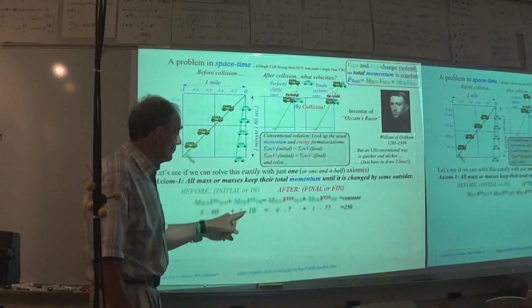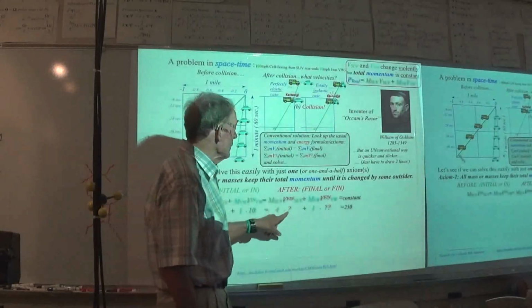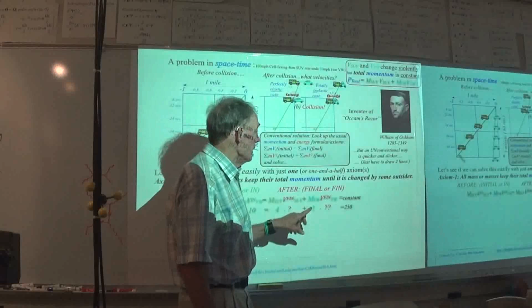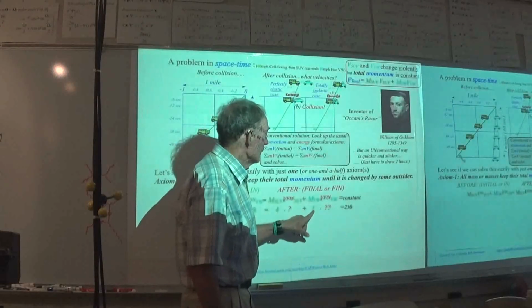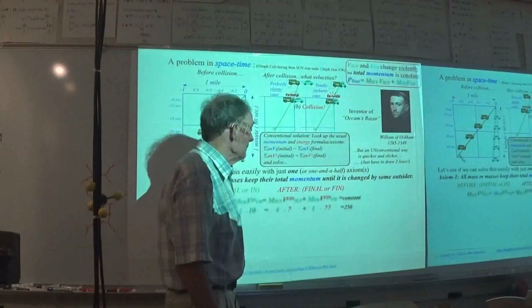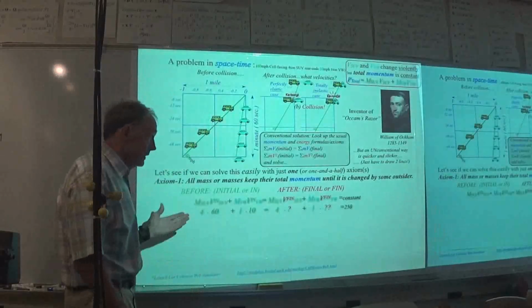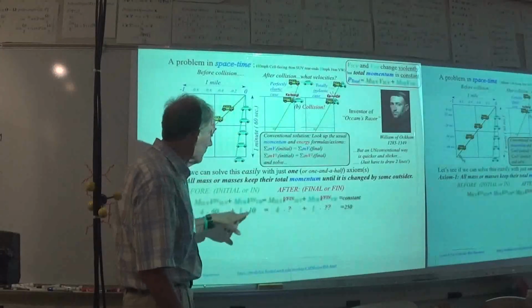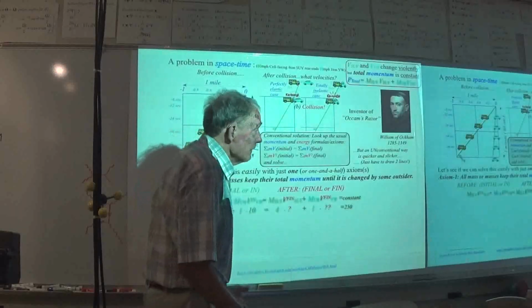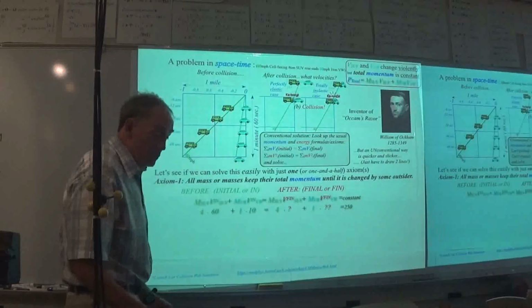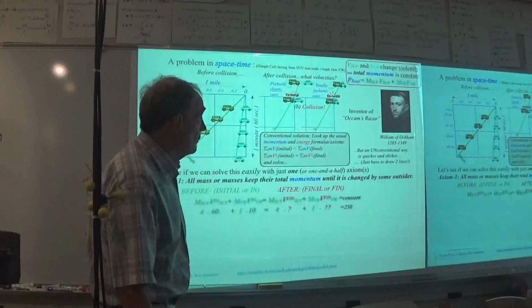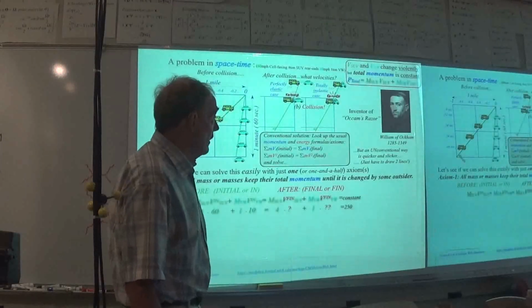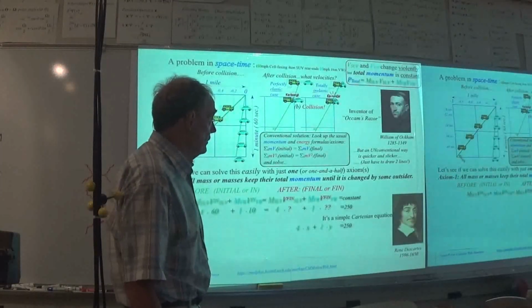So 4 times 60 plus 1 times 10 is 4 times question mark, that's final, plus 1 times question mark for the final velocity of the VW. In any case, this is supposed to be a constant. This adds up to 250. That's our axiom. That's all we're going to assume. We're going to try to get everything in this course practically out of that axiom.